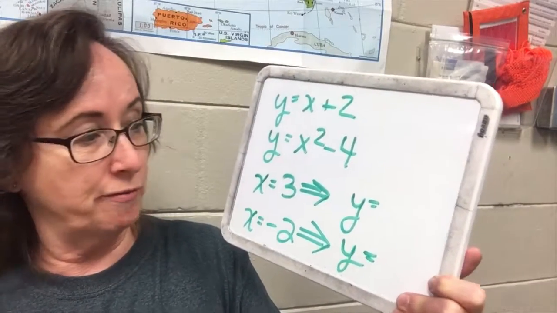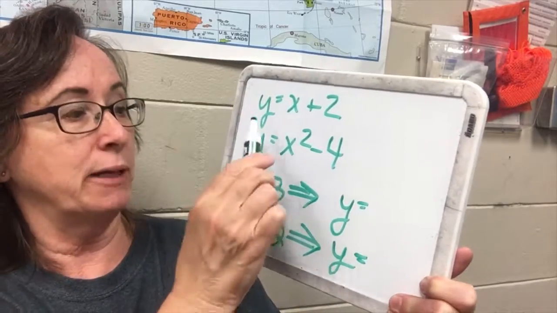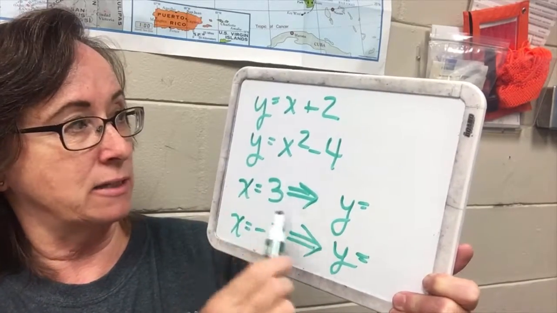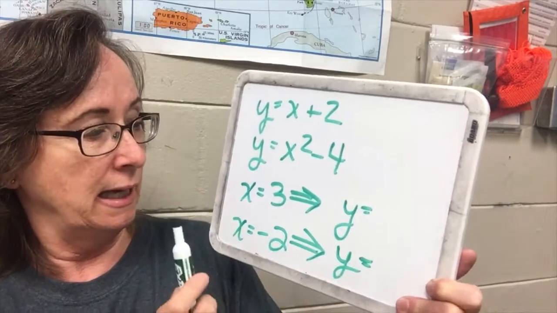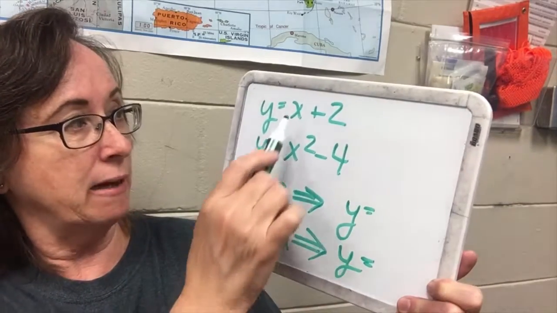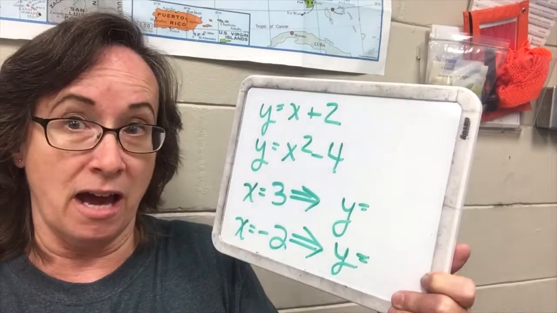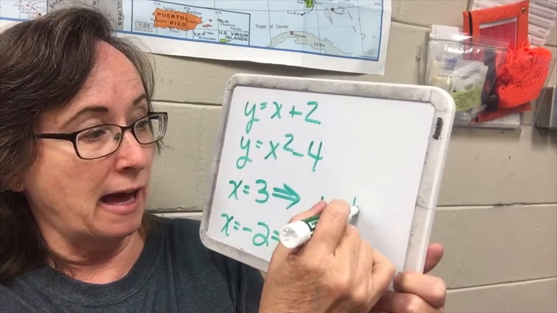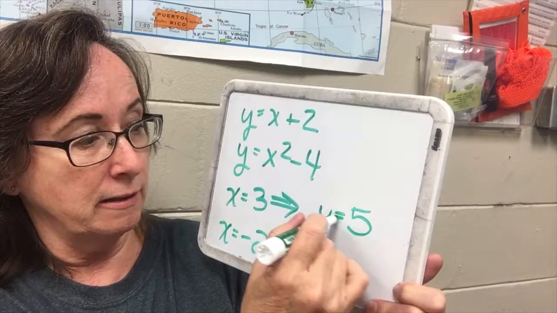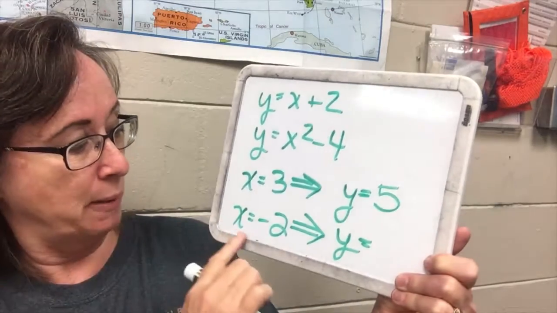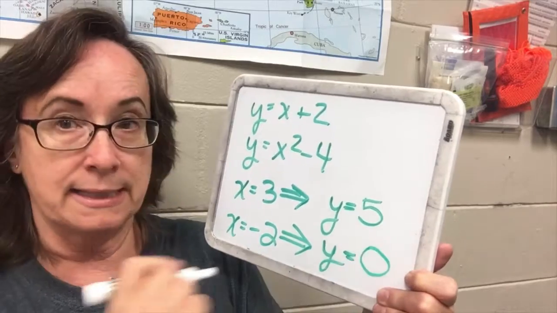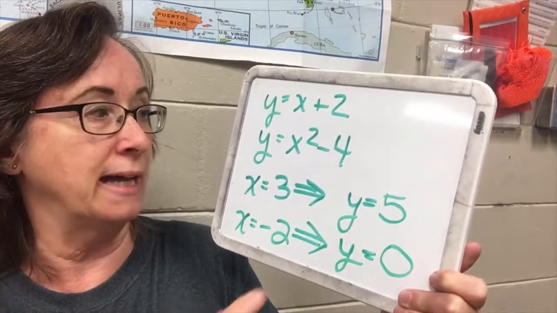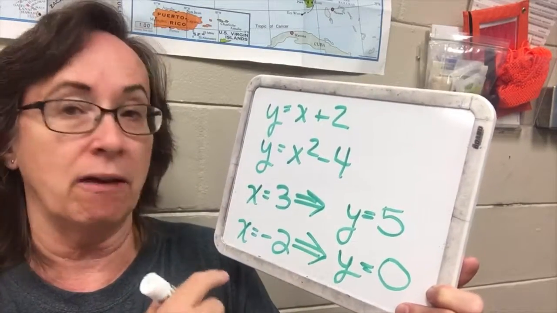Now in order to find the y, I'm going to substitute the x is 3 into the linear equation, the line, to find the y. So if I plug in a 3 here, I get 3 plus 2 is 5, and y is 5, right there, okay? And then I plug in the negative 2, negative 2 plus 2 is 0, and y is 0.